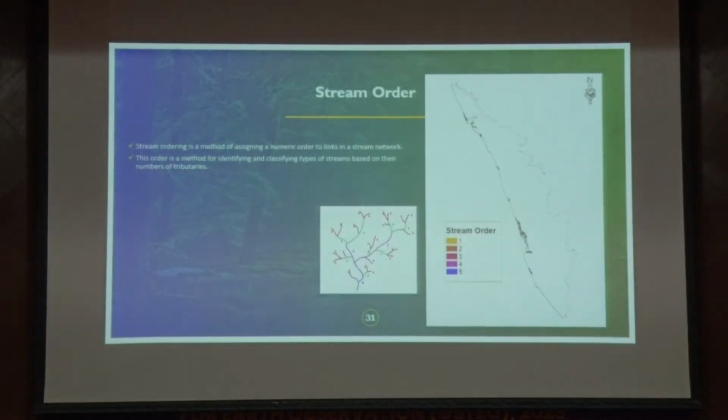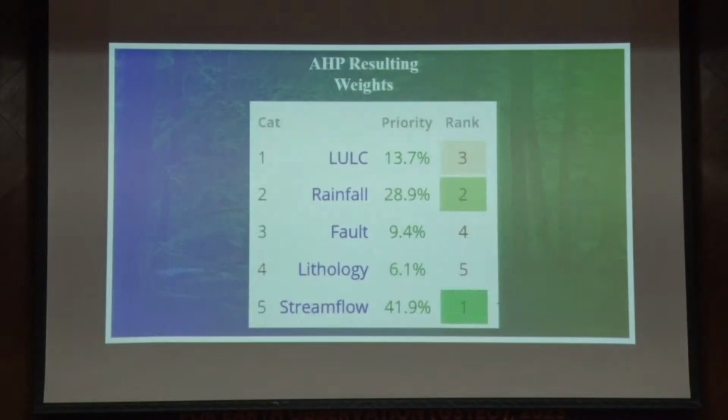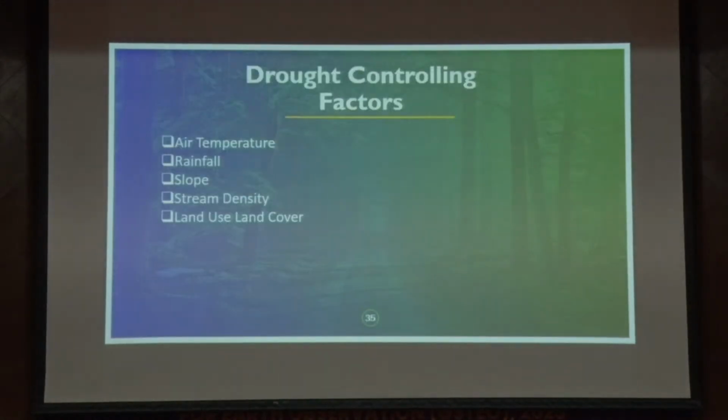This is the stream order, and this is the AHP data matrix for landslide. This is the AHP resulting weightage. This is the landslide susceptibility map. These are the drought controlling factors.